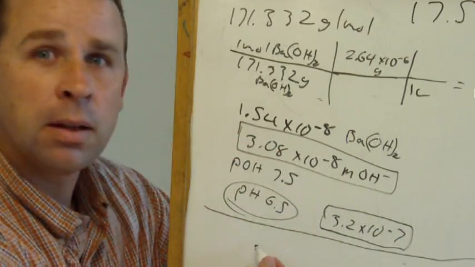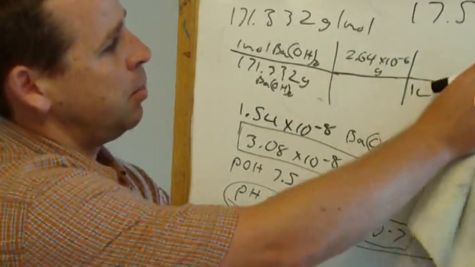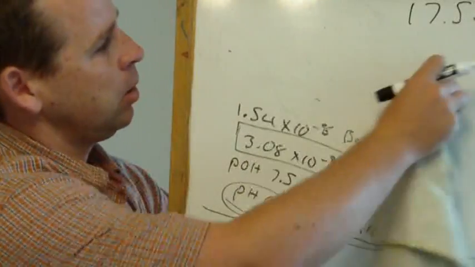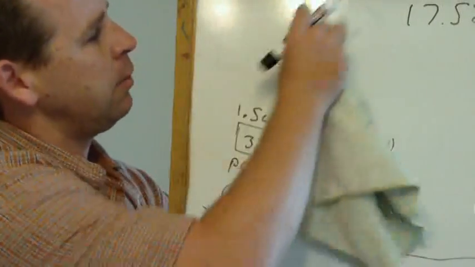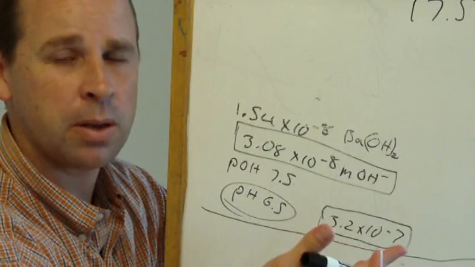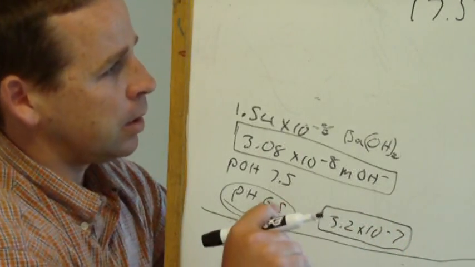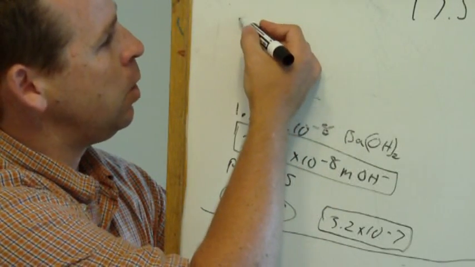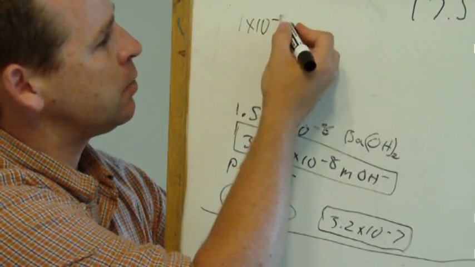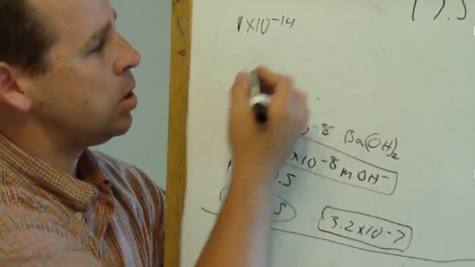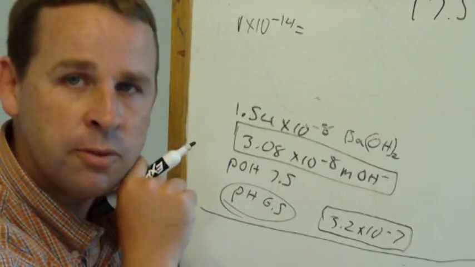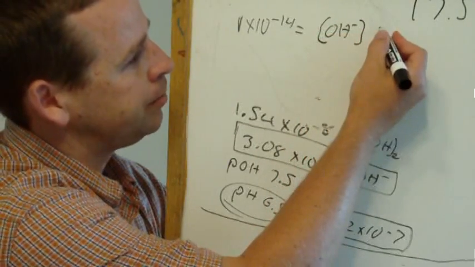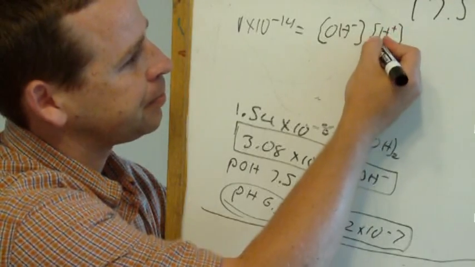I'm going to erase this top part up here for a second. That's where the answer ends at the back of the book. But if anybody were just to take a few seconds and look at that, they would say there's something wrong there, right? And you'll learn about this more in analytical chemistry and maybe further on in this chapter. But we know that 1 times 10 to the minus 14 is the auto-ionization constant for the concentration of hydroxide ion and water, or hydronium ion, sorry, hydrogen ion.